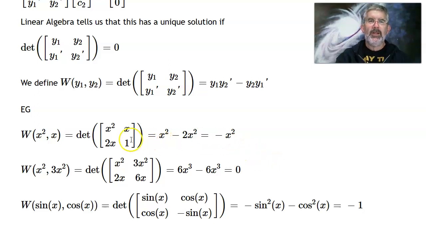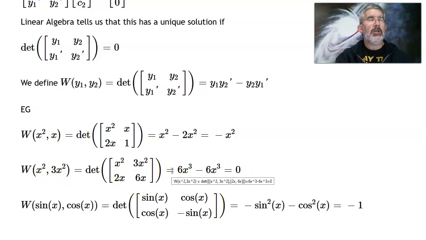So if, like in this first one, the Wronskian was not identically 0, that means that those two functions are definitely independent. With the Wronskian equaling 0, it doesn't necessarily mean that they're dependent. Now, these are dependent, and if I pick dependent ones, I get a Wronskian of 0.